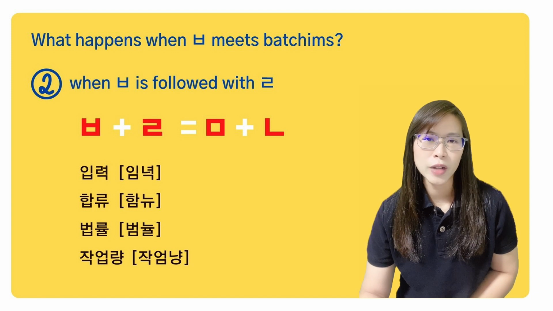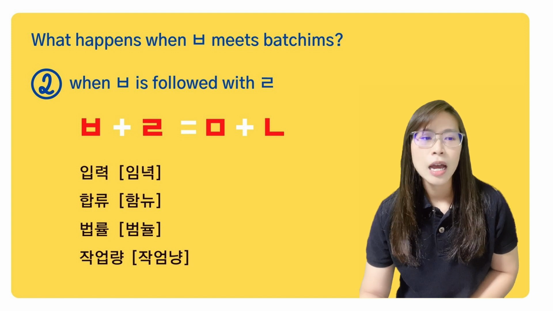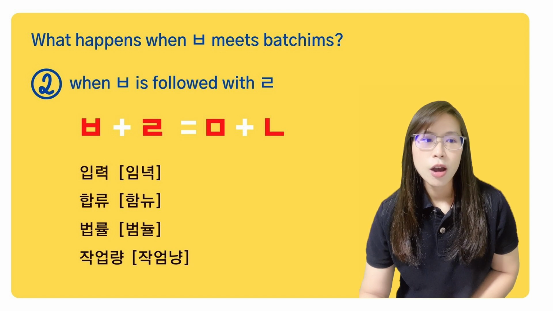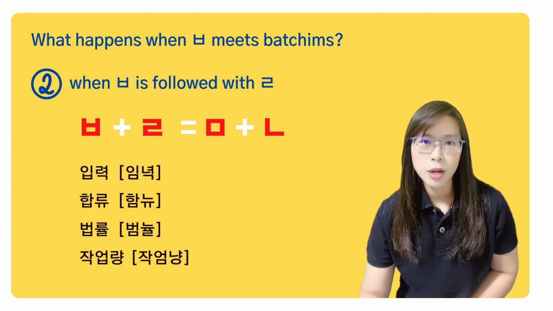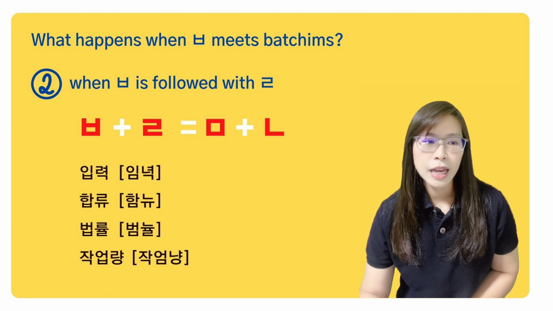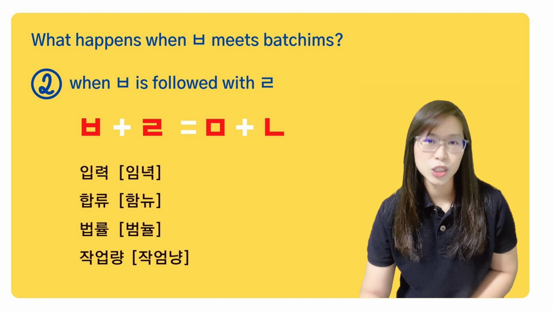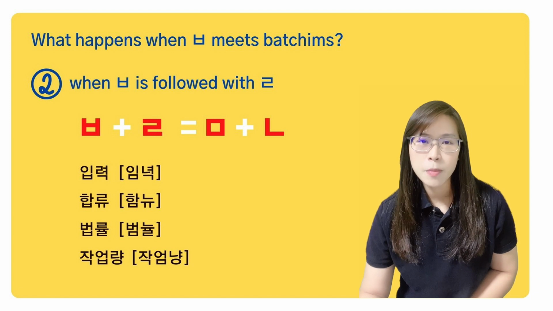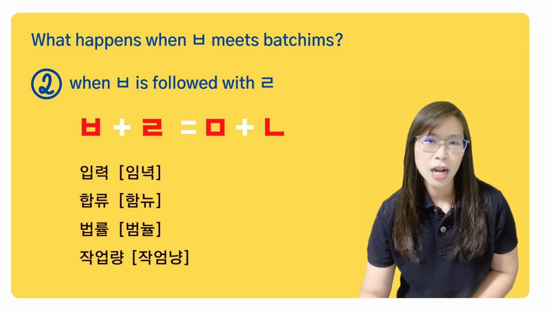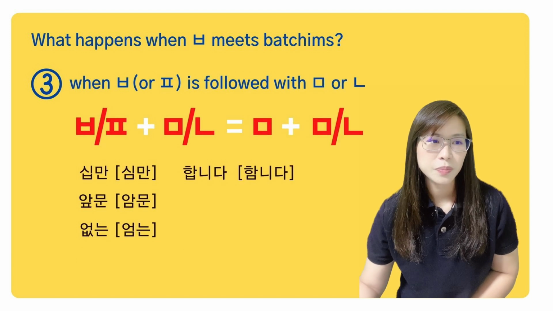So it is followed with an N, and the B becomes an M. 법률, 범률, the crime rate. And 작업량. Very good. 작업량. You link the G sound and the B becomes an M. Very good.